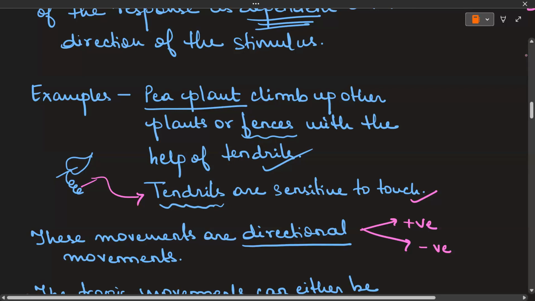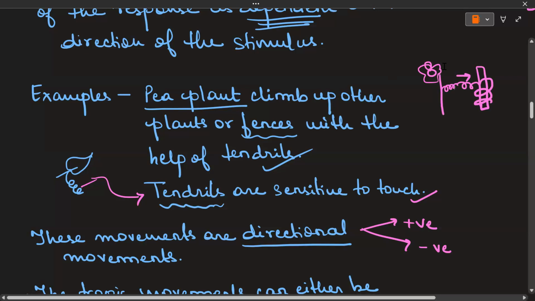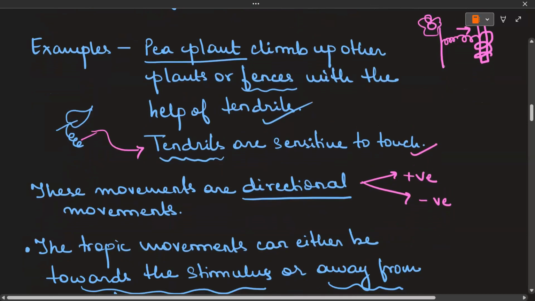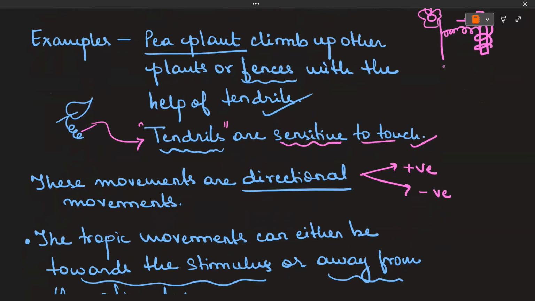For example, if this is a flower and it is a climber, and this is a tendril, the spring-like structure, and you provide a fence, as soon as it comes in contact, it will wrap around it. Can you see the response is towards it only? This is the very famous quality of a tropic movement. The example is the pea plant climber, and they use tendrils to climb since the tendrils are sensitive to touch. Got it?